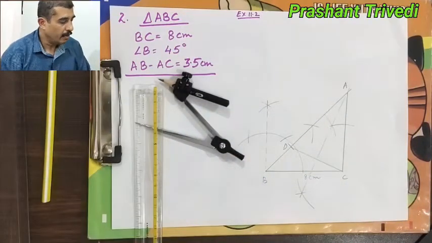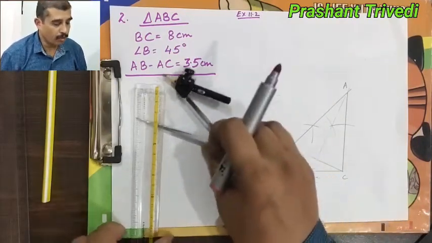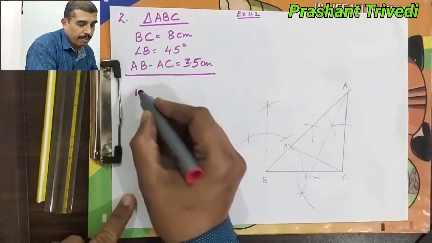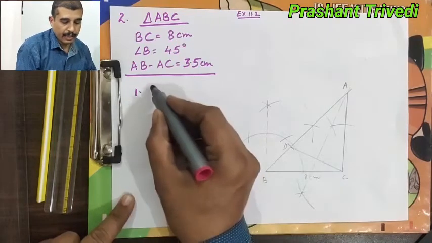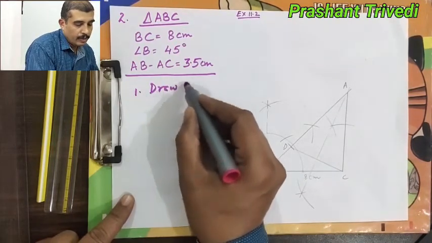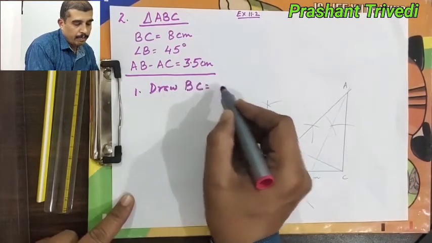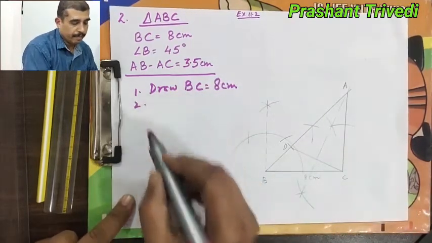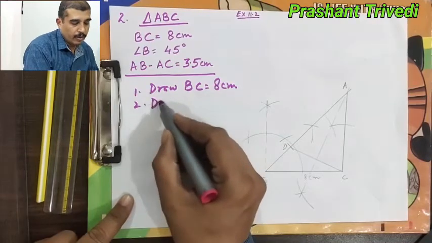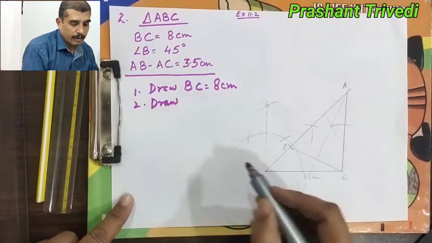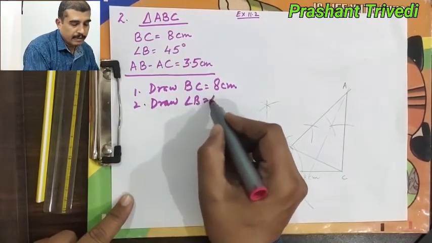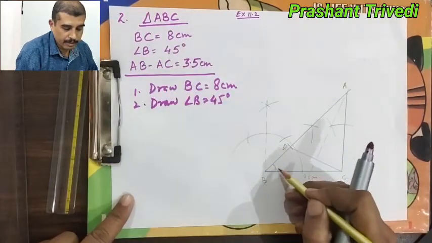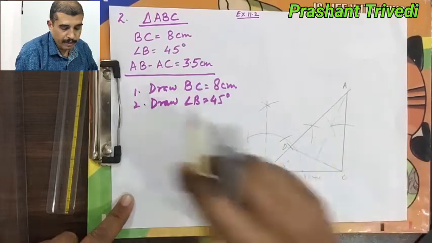So what are the various steps involved? You should write those steps. Very first step, what was that? Draw BC equal to 8 centimeter. Second step, draw angle B as 45 degree. So this is 45 degree.